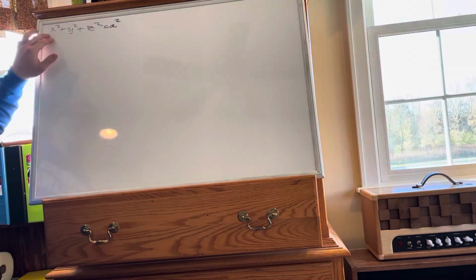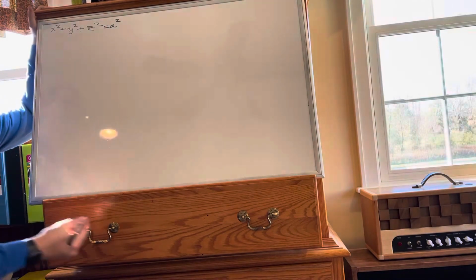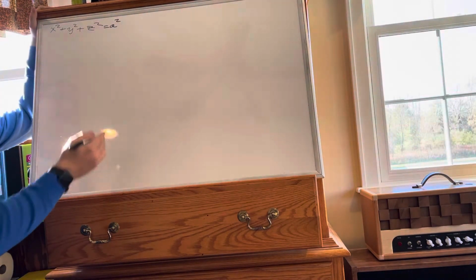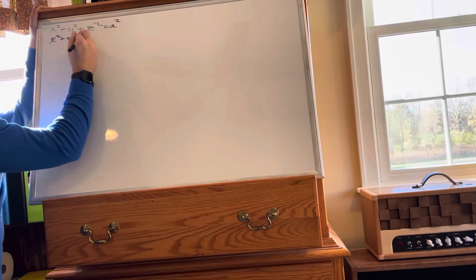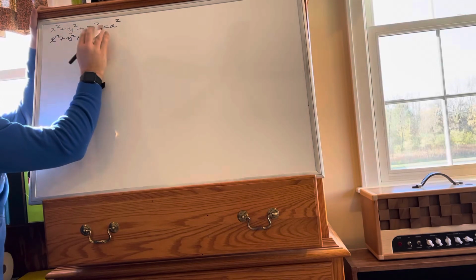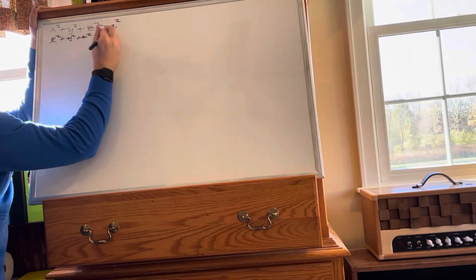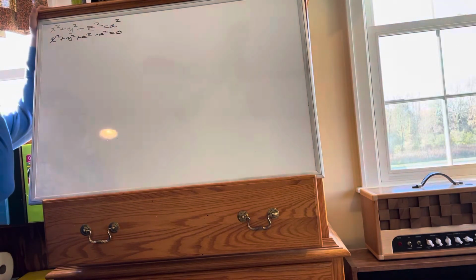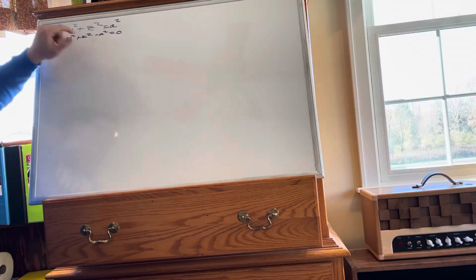We have our function x squared plus y squared plus z squared equals a squared. What we're going to want to do is set this equal to 0. So x squared plus y squared plus z squared minus a squared equals 0. Now we're given a function that's set equal to 0.